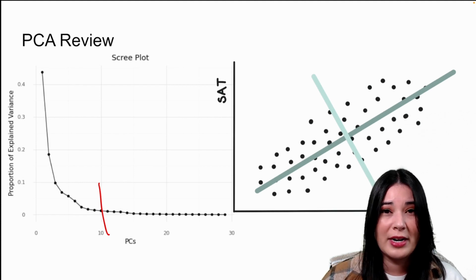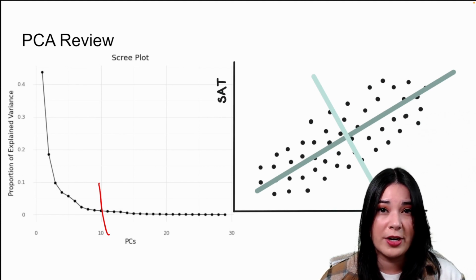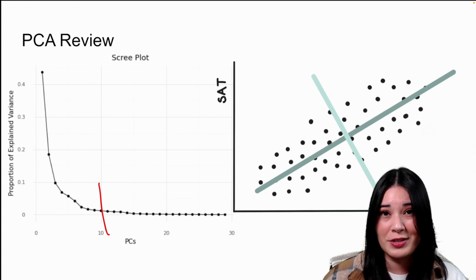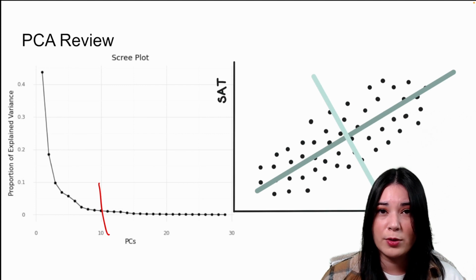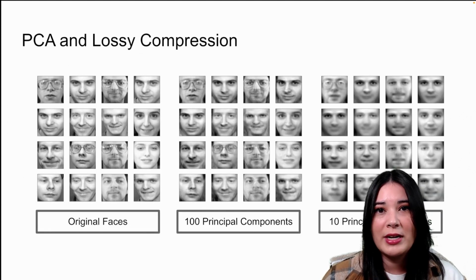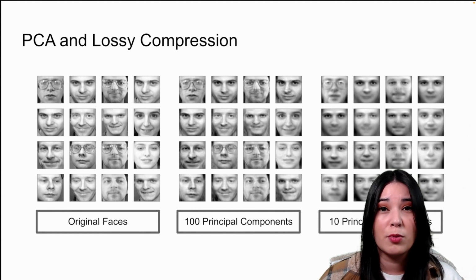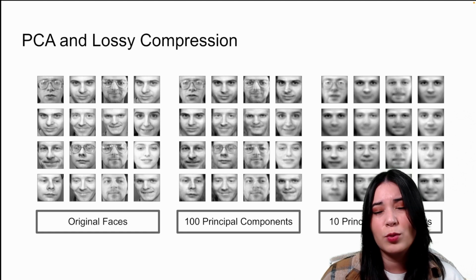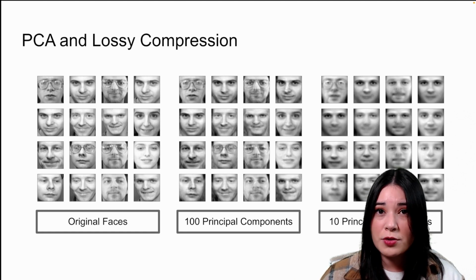Because principal component analysis creates these more efficient variables, we're able to represent most of the information from our original data in a smaller number of variables, thus reducing the dimensions of our data. You can think of principal component analysis as like a lossy compression. We're taking a large amount of data and we're compressing it, and we're losing a little information along the way, but not too much.